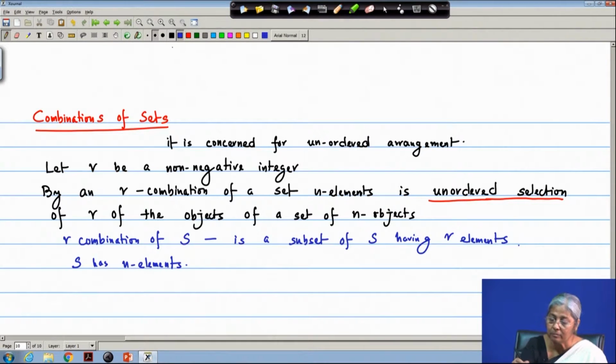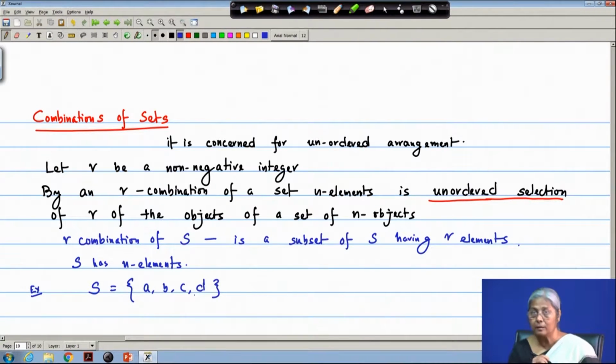So, a simple example: say S has 4 elements A, B, C, D. Then what will be the 3 combinations?